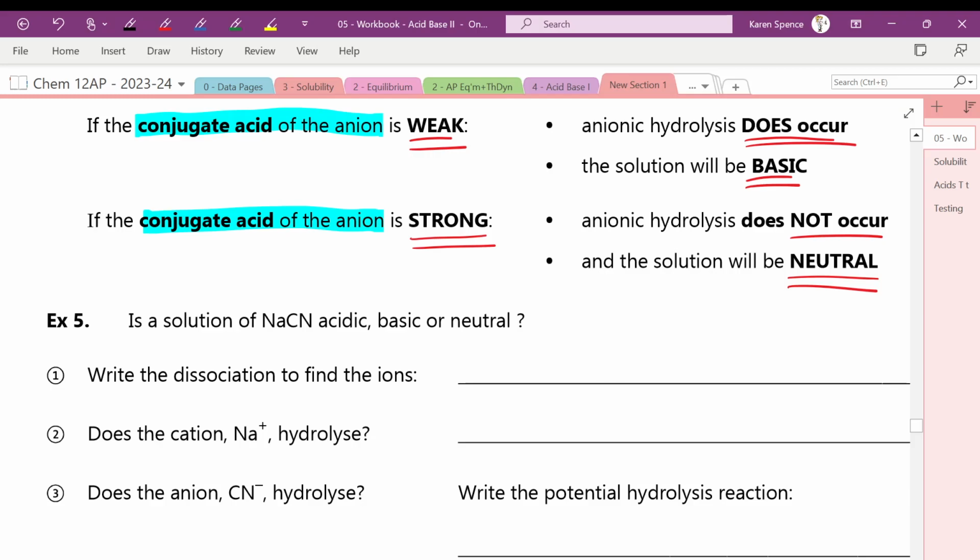Tell your partner what you think. Because it's already positively charged.